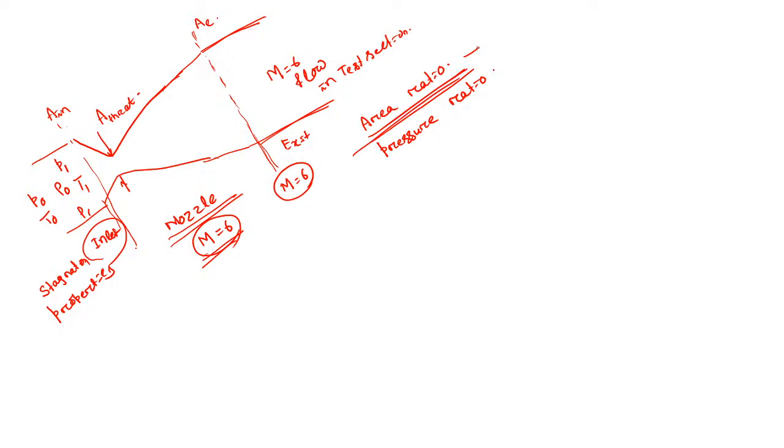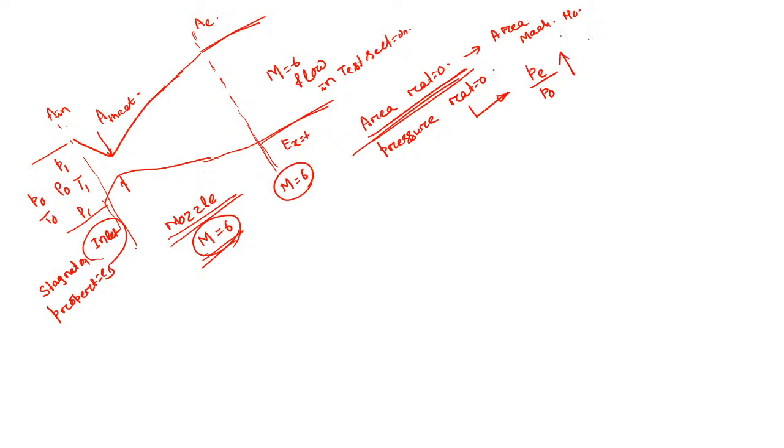Based on that we have the area Mach number relation. And for the supersonic flow condition, we also have the exit condition to total condition pressure ratio.